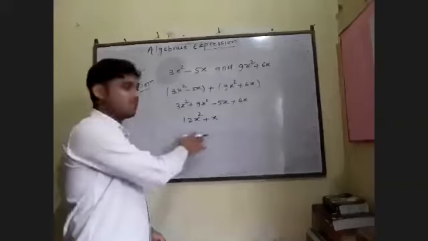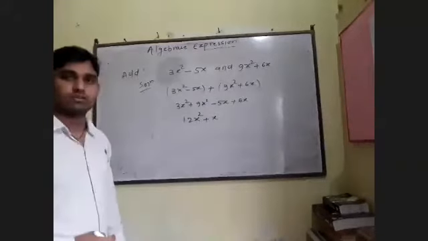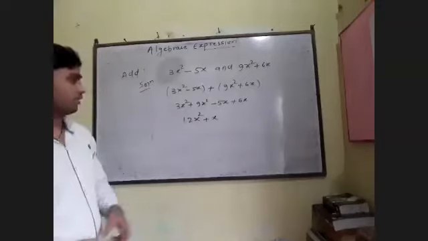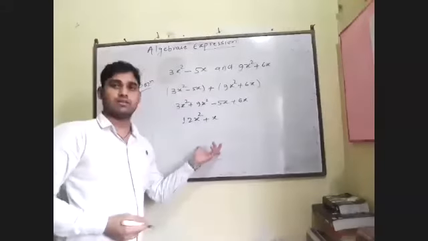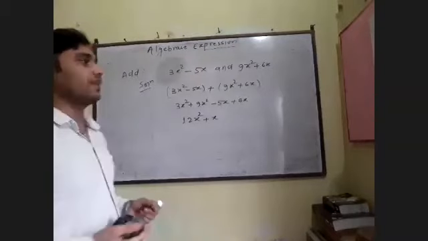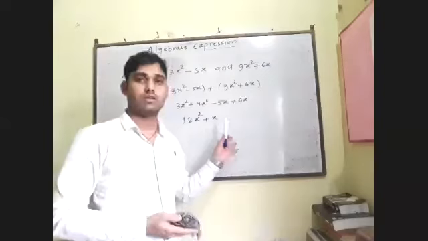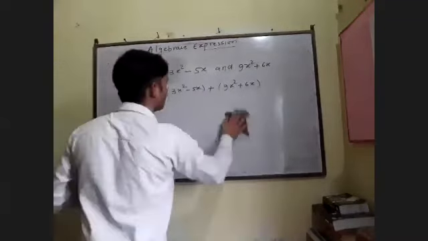That's why we can't add them. I have seen you all make this same mistake many times, so don't repeat it. If you have any confusion or doubt, you can ask me. Right now I'll explain it again.